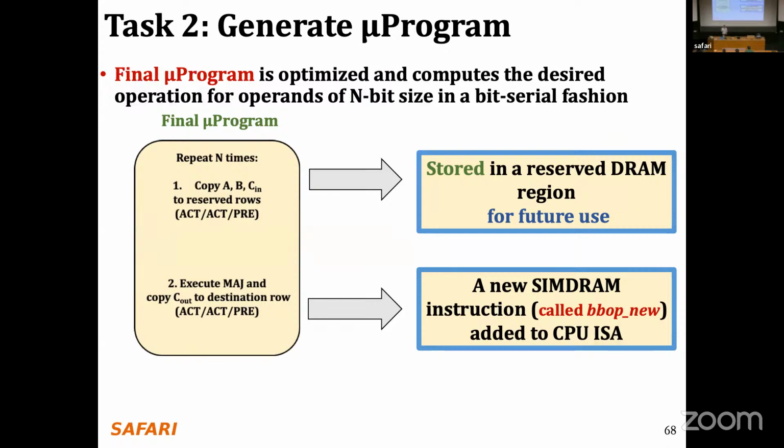We generated 16 different operations like addition, subtraction, multiplication, division, ReLU, bit count, and all of those types of things. And we just later on map applications to those instructions.